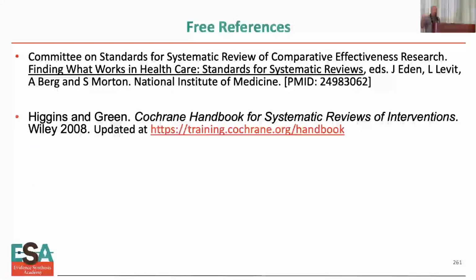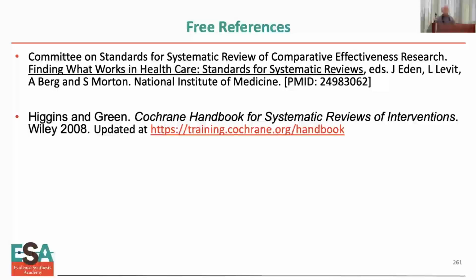So these are a couple of references. I can certainly provide more, but these are free. The first one I worked on two years ago: the Institute of Medicine came up with this little booklet on standards for systematic reviews.